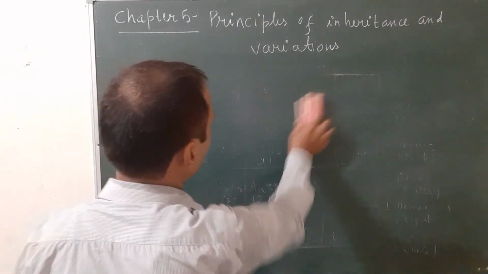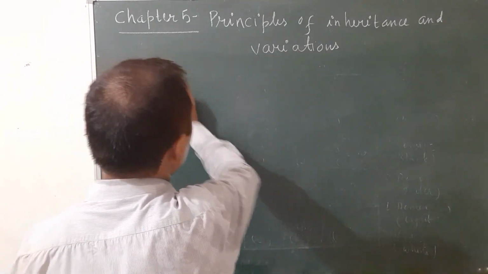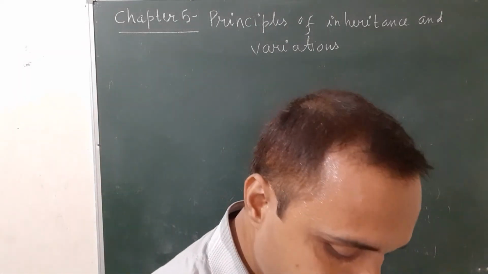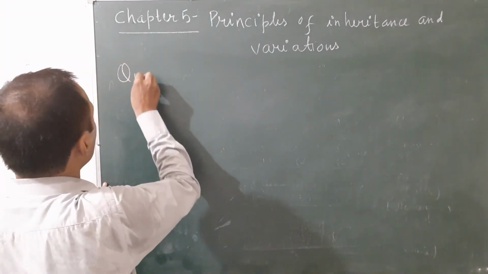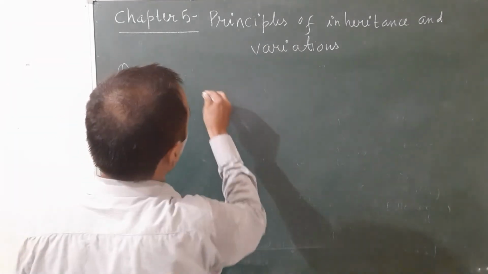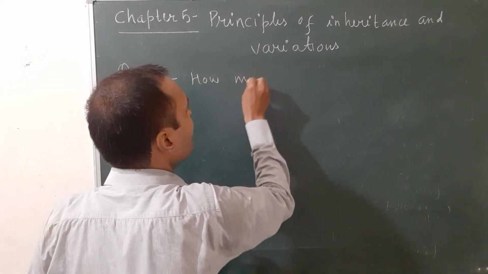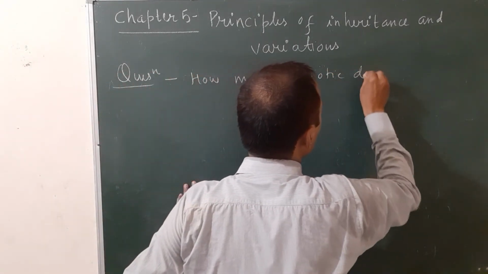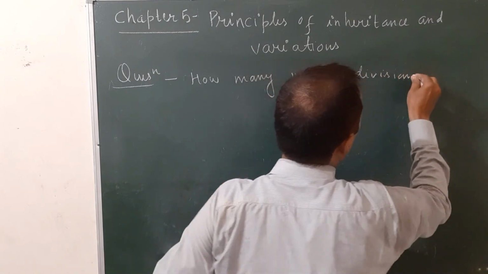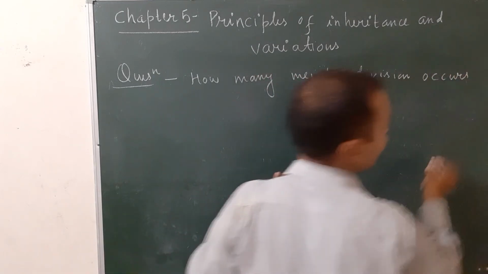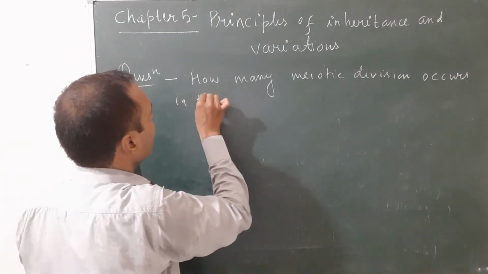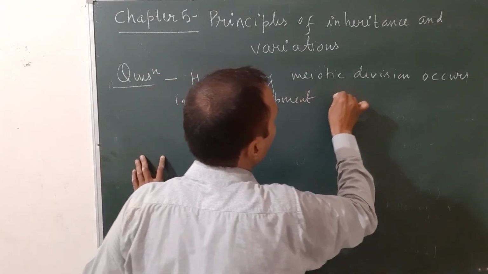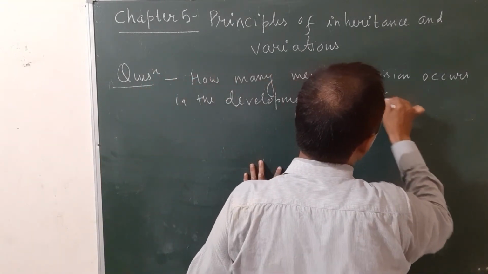You have to solve how many meiotic divisions occur in the development, or you can say formation, of 76 seeds.